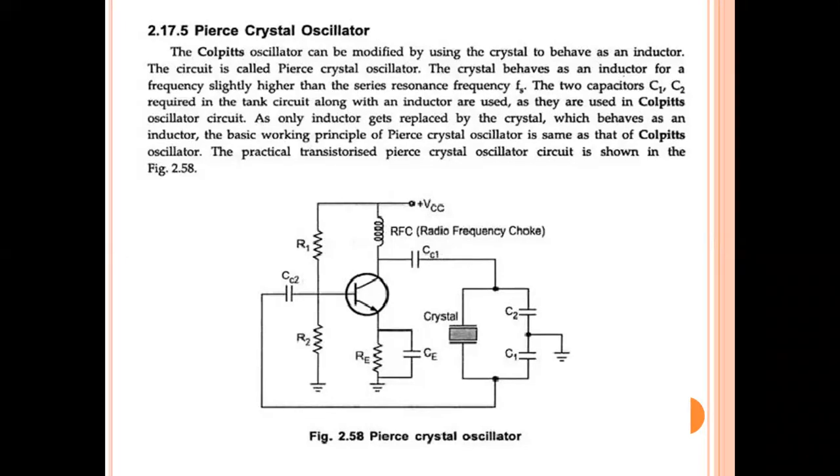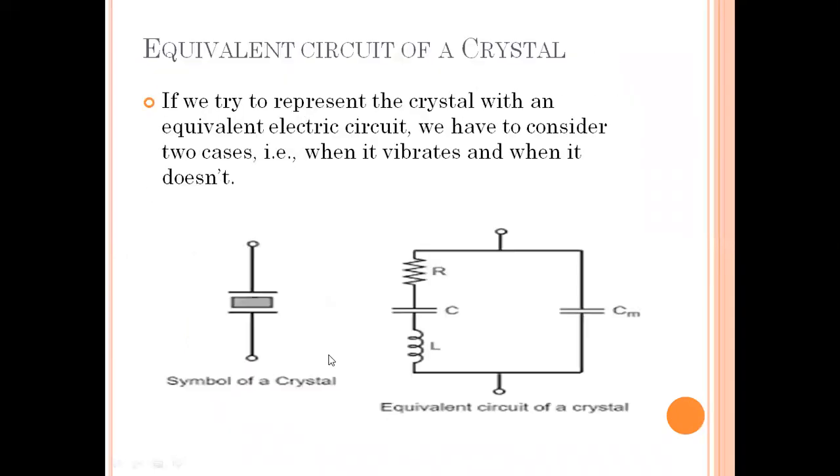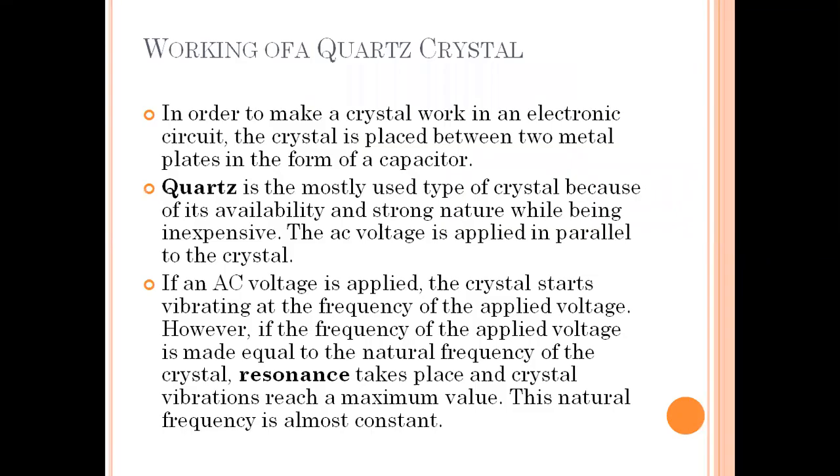The next condition is for the frequency of oscillation, that is A beta equal to 1. When A beta equals 1, we can get oscillations at one particular frequency. For the crystal oscillator, as we know from the previous slide, we get the maximum oscillations when the frequency of the AC voltage applied to the crystal is equal to the frequency of the crystal.